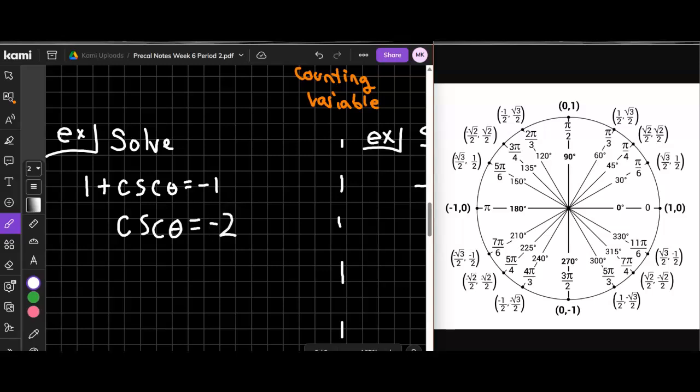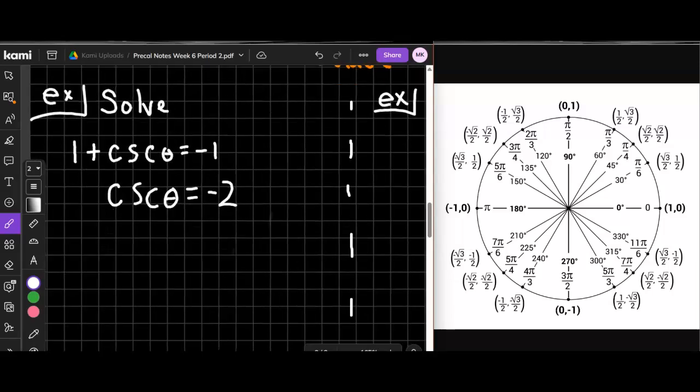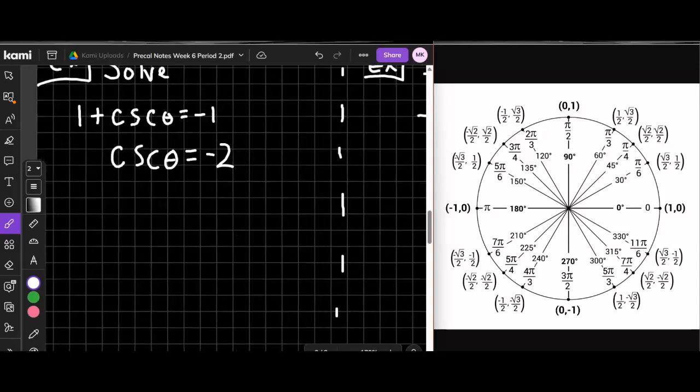And now this is what you're checking and looking for on the unit circle. If we take this one more step, we'll be able to see by applying our cosecant inverse that our theta is equal to the cosecant inverse, CSC with the -1, of -2.